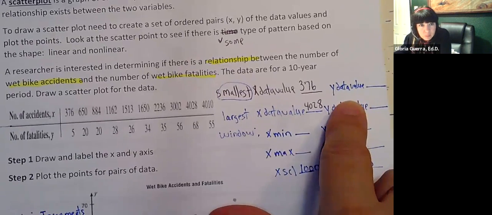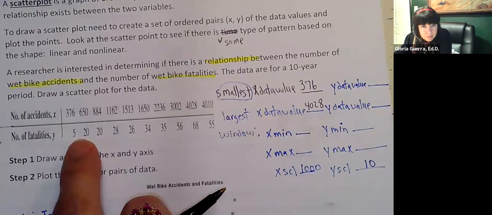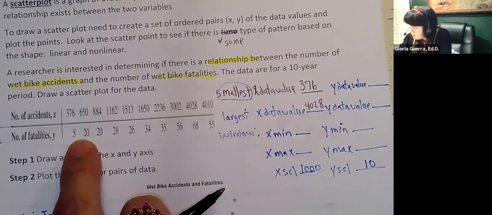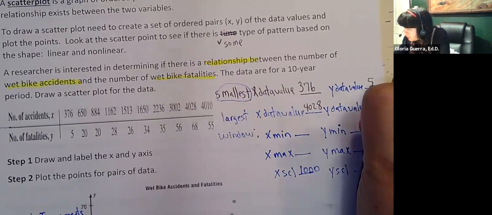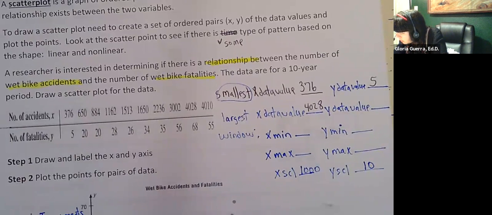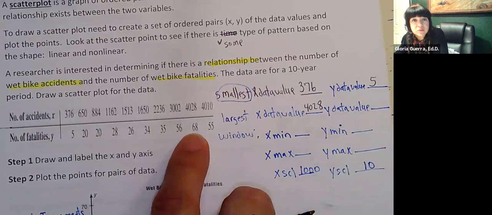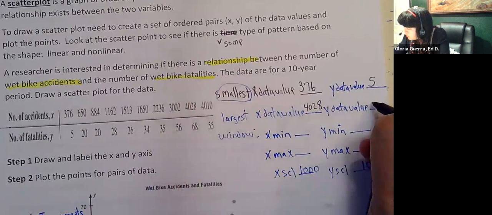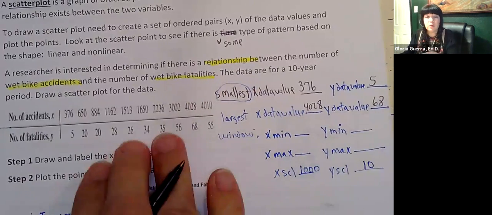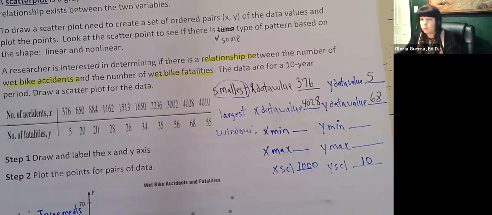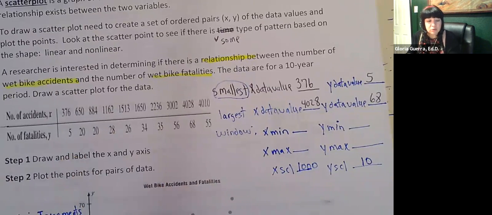So the smallest Y looks like it was 5. And then the largest Y looks like it was 68. Is that right? Okay. And they're not in order, right? They don't have to be in order. Usually they're not. They're just collecting data. So you have to look at that very carefully.